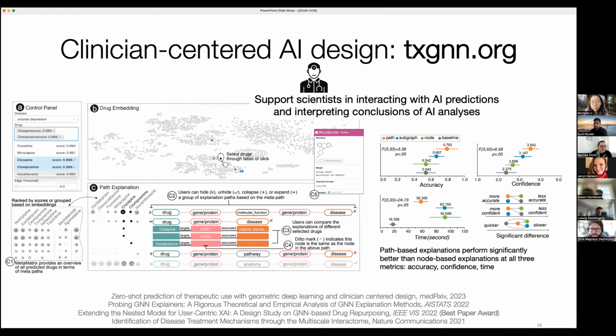And so the reason why we call this clinician-centered design is because not only did we design this user interface, but we wanted to understand the usability of this user interface and the utility of these explanations for scientists making decisions and reasoning about hypotheses provided by AI models.